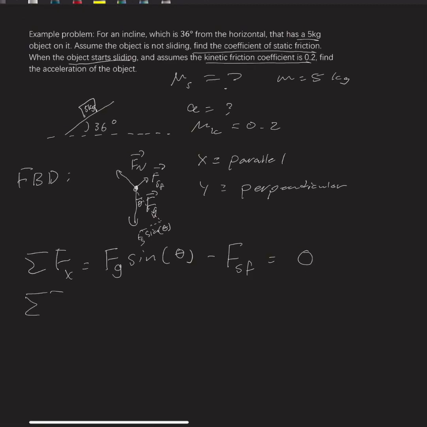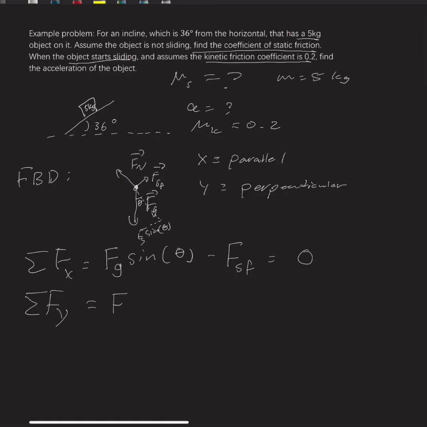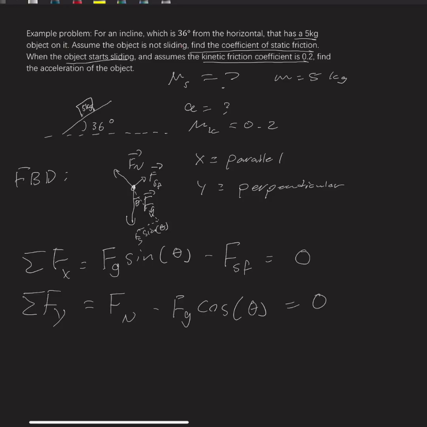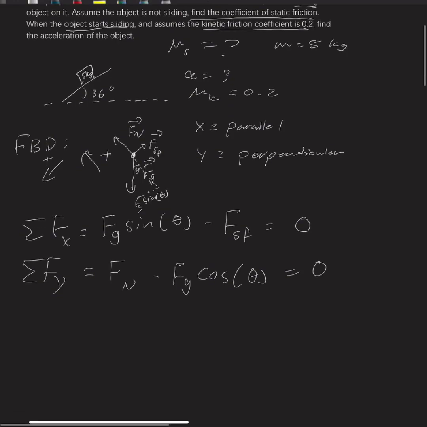The y direction, upward is positive, so we will say that force of normal minus force of gravity cosine theta is equal to 0. It's not sliding. Also, make sure to mention your axis, so we can say that downward is positive and the upward is positive.